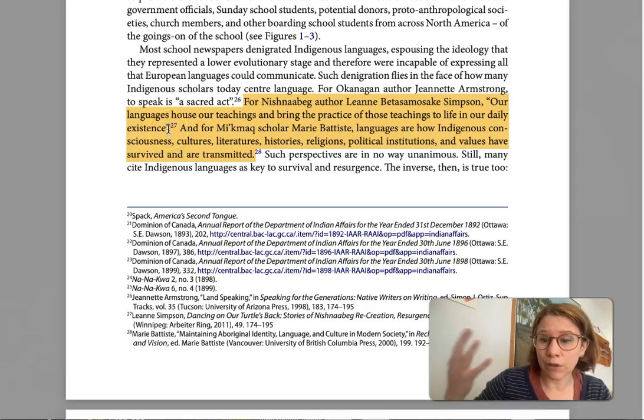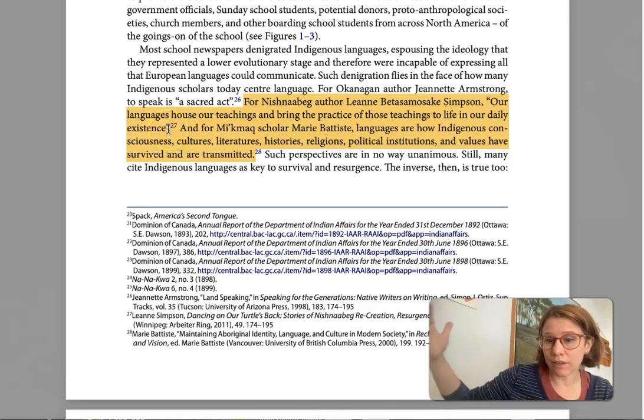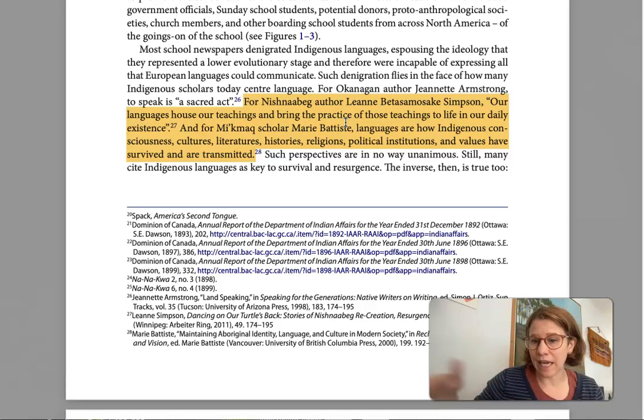So she's talking about the passing on through generations of teachings, of cultural learnings and practices. And when that language doesn't get passed down, again, you lose culture, you lose those teachings, and knowledge doesn't get transmitted from one generation to another.